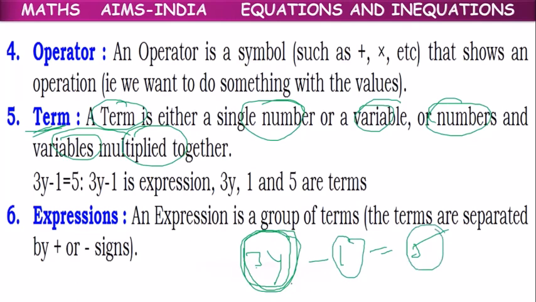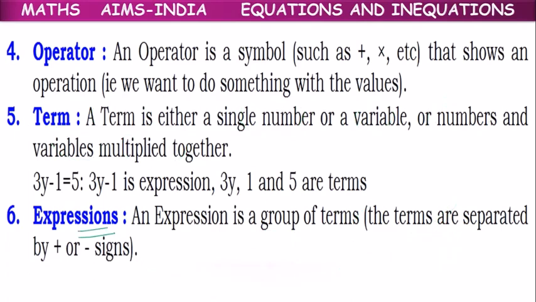The difference of two terms equals the third term. So here 3y, 1, 5 are terms. In 3y, it's a combination of number and variable multiplied together; 3y means 3 into y. In 1, it's only a number. In 5, it's only a number.